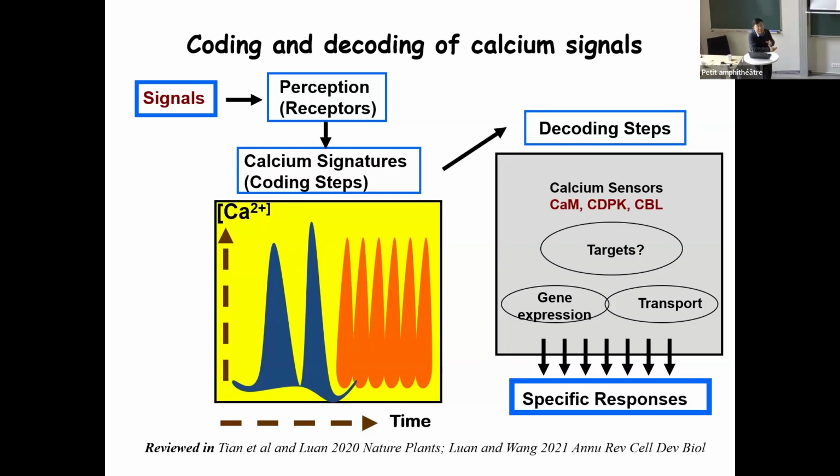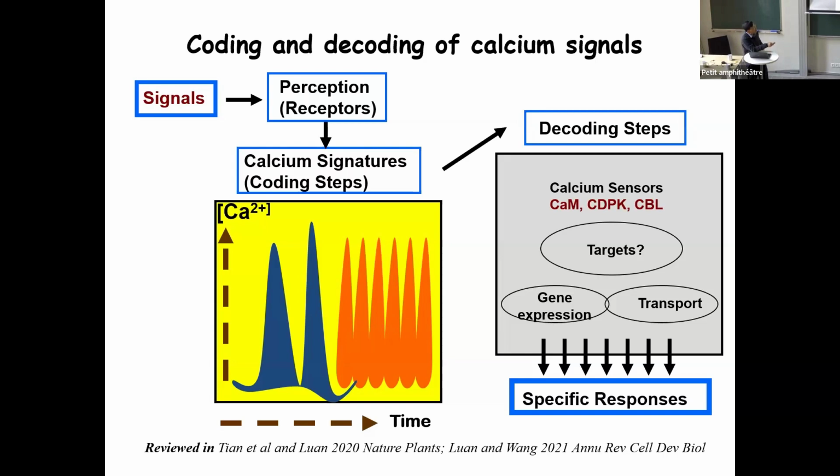It's truly a four-dimensional parameter. For example, we can clearly tell the difference between the blue pattern and the orange pattern, and cells can tell that too, and they interpret different patterns by a process called the decoding mechanism or decoding steps.